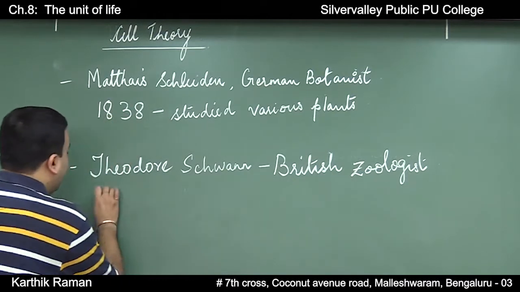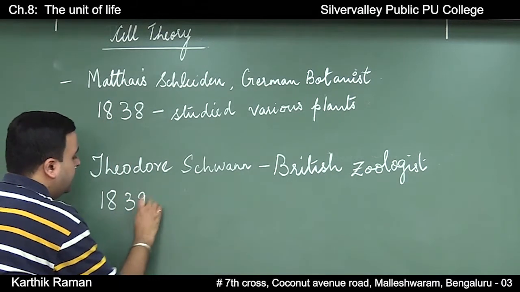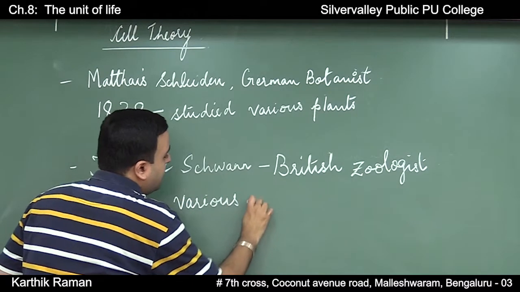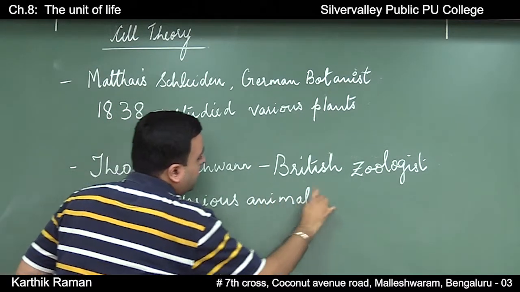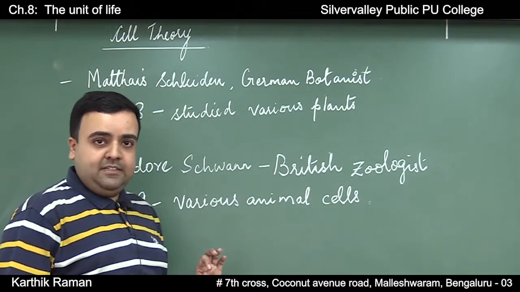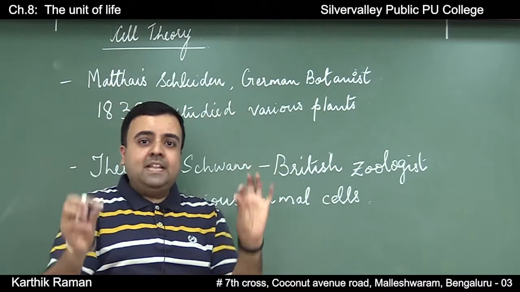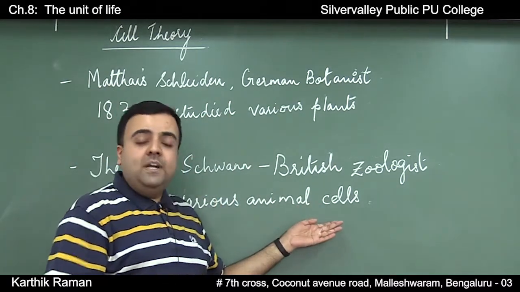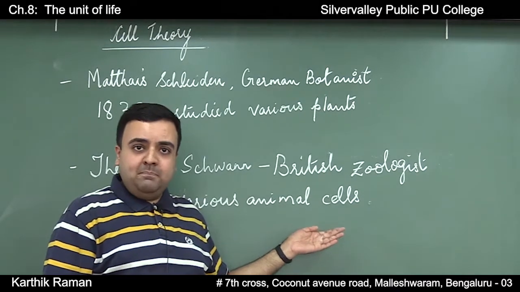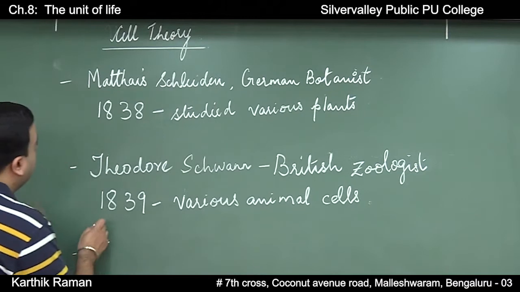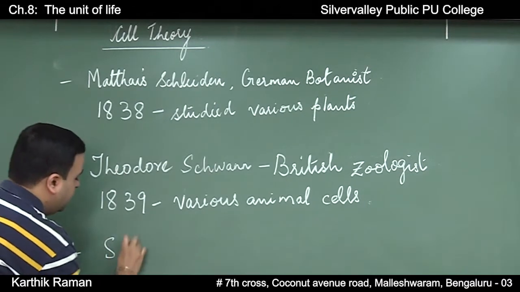So in the year 1839, he studied various animal cells and he observed that the limiting membrane in the animal cells is very thin, and now it is known as the plasma membrane.